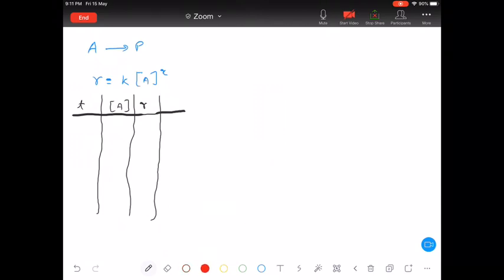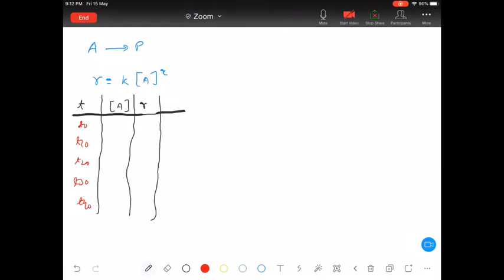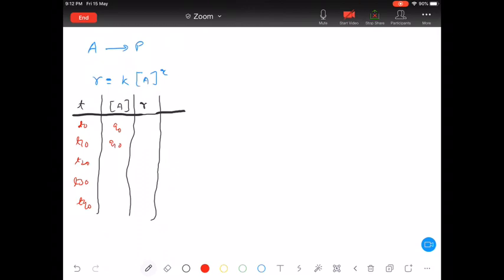Let's say here I fill in T0, T10, T20, T30, T40. In this manner I'll write concentration of A0, A10, A20, A30, A40, and R0, R1, R2, R3, R4.